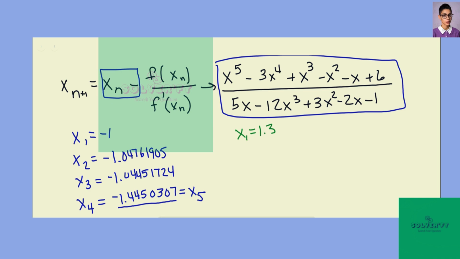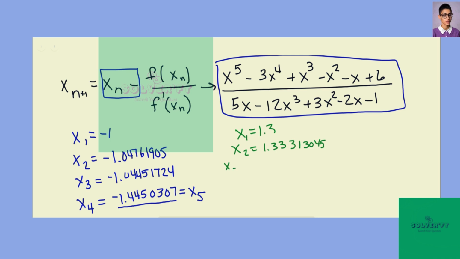So I do the same thing for 1.3. X sub 1 equals 1.3. When I put that in for my x sub 1, I get 1.333133045.